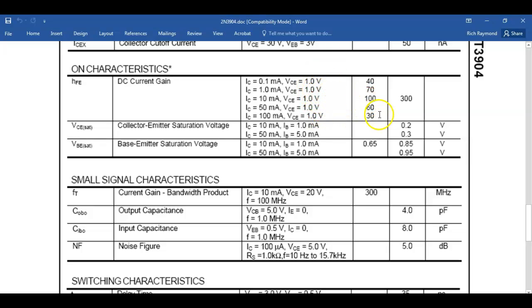All we know is going to be somewhere between what? 30 and 300. Now over time, we've played around with 3904 a long time, and unfortunately, this data sheet, the typical beta of a 3904 in this circuit is around 100.